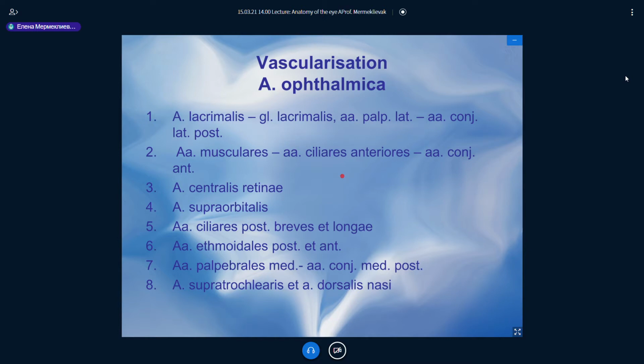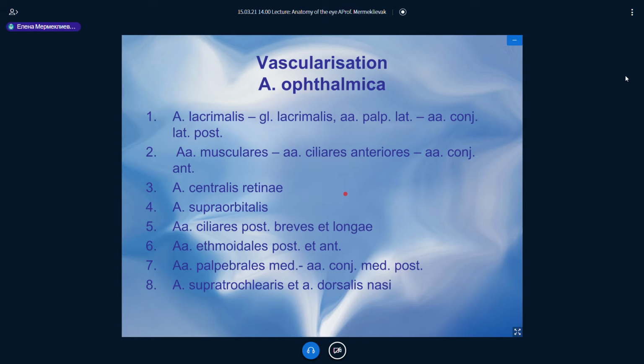Arteria muscularis, they supply the anterior ciliary part, the ciliary body and iris, and the anterior conjunctival part. Arteria centralis retinae supplies the retina, and arteria supraorbitalis supplies the upper part of the orbit.